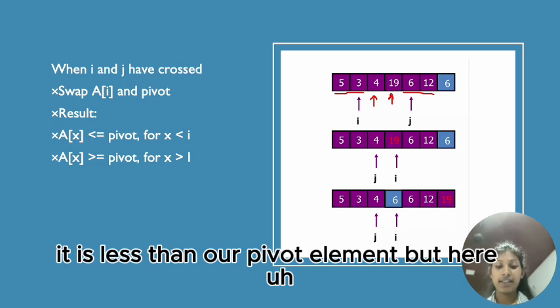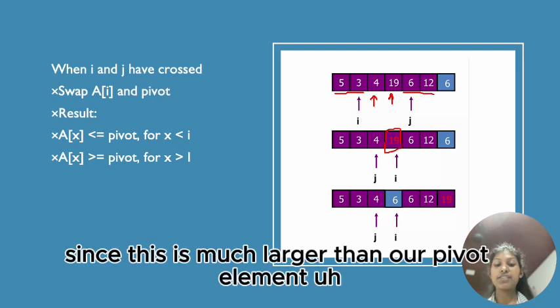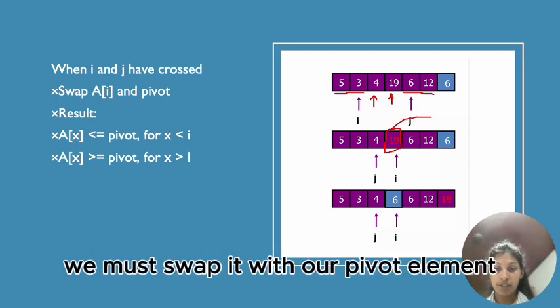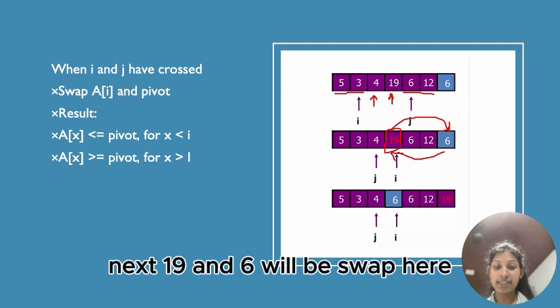But here, since this is much larger than our pivot element, we must swap it with our pivot element. Next, 19 and 6 will be swapped.